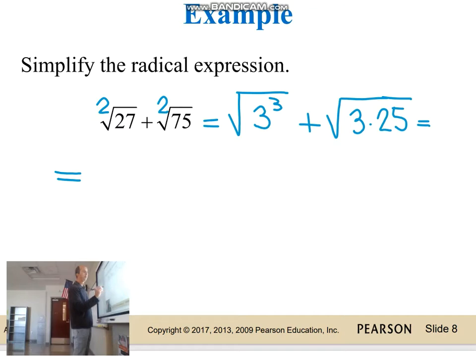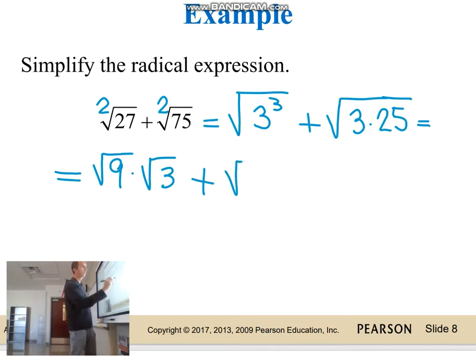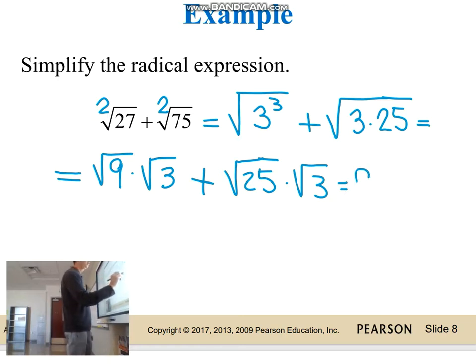We can simplify, because 3 cubed is 3 times 9, and we can use the product rule, remember? Square root of 9 times square root of 3 plus square root of 25 times square root of 3. Now the square root of 9 is 3, and the square root of 25 is 5.